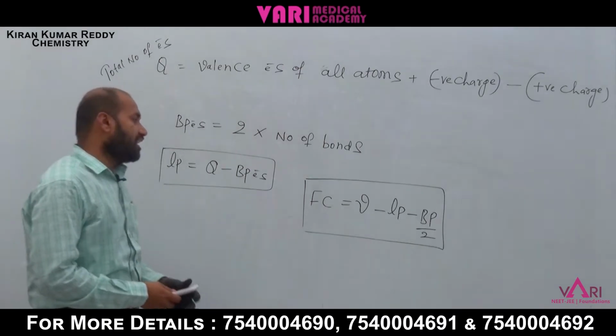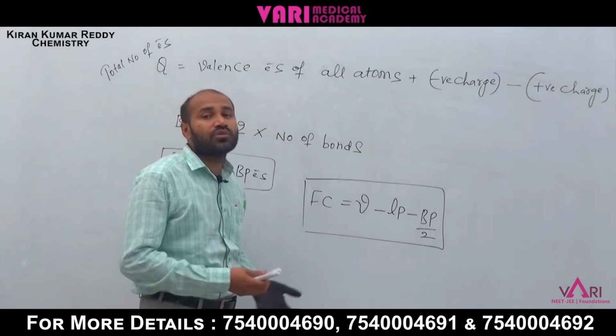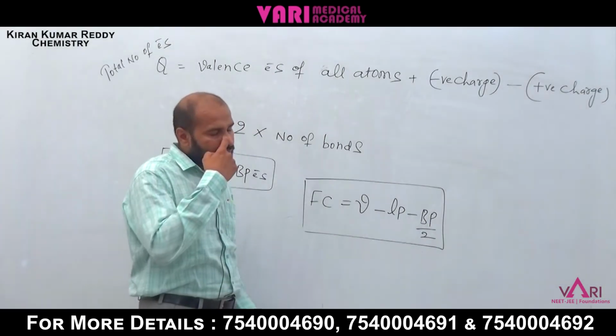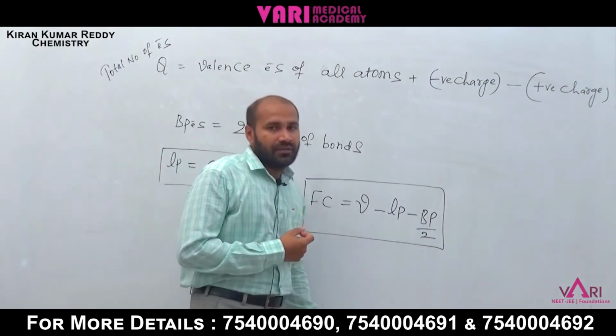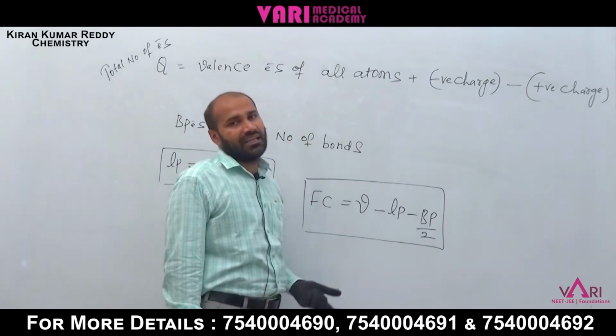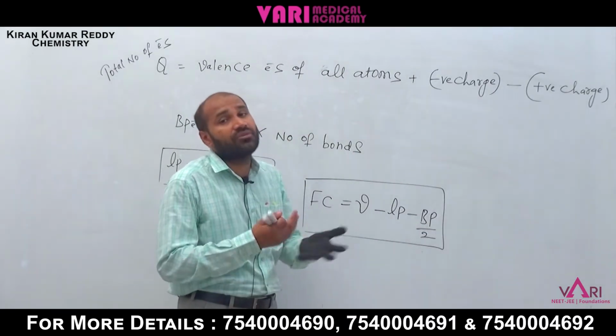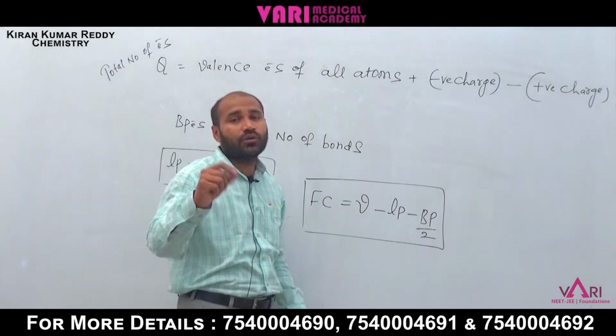What is V? Valence electrons of that atom. Valence electrons are outermost electrons of an atom. For example, oxygen: how many valence electrons? 6. Nitrogen: 5. Valence electrons means group number.